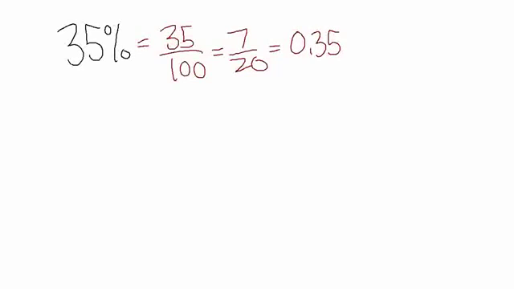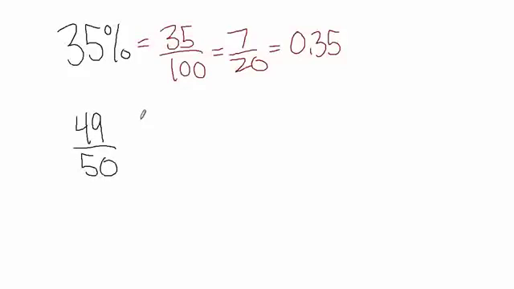Now would you please try to find the percent equivalent to 49 over 50. And also try to find the decimal equivalent. Pause the video and do that now. Alright, so I'll go ahead and do that.